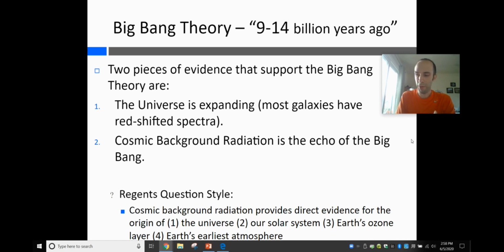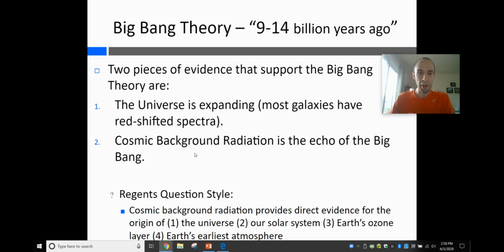So everything's been redshifted, and if you think about what's next after the color red, it would be infrared and then microwave. So everything's been shifted all the way down to that microwave range of the spectrum, and so we're detecting this everywhere we look. And so it's kind of our evidence for this happening and this continual expansion of the universe.